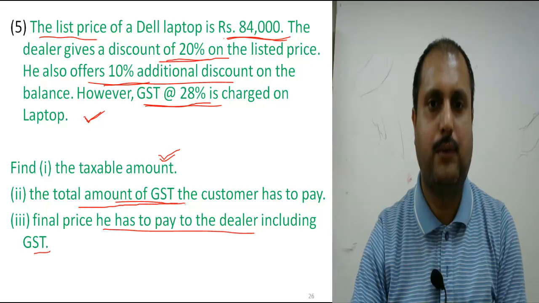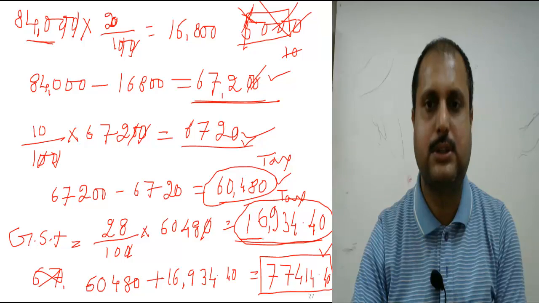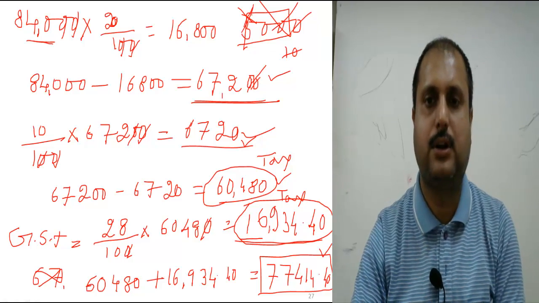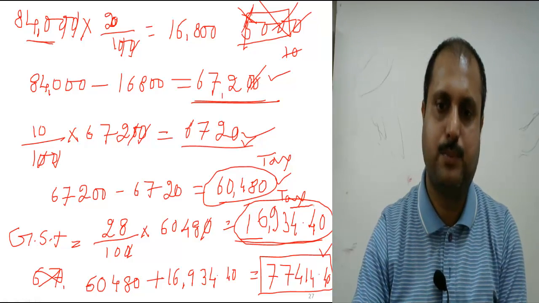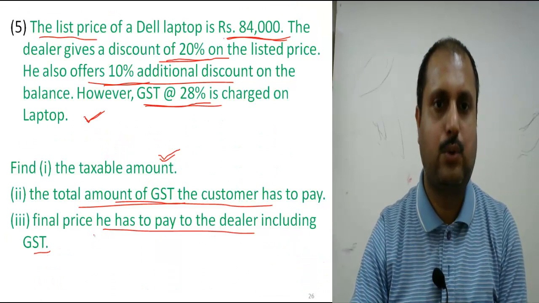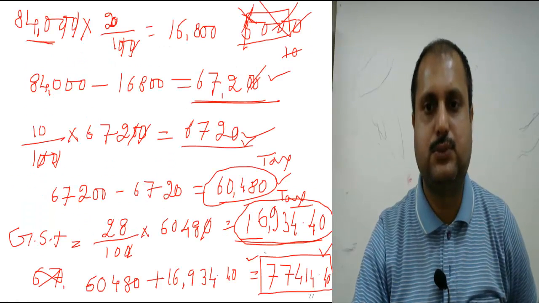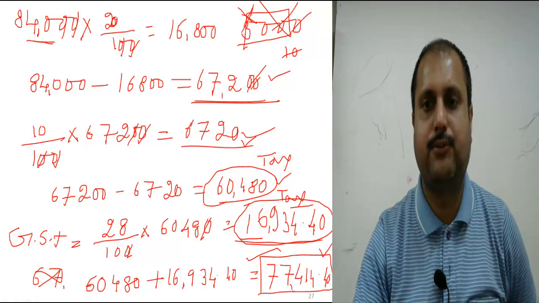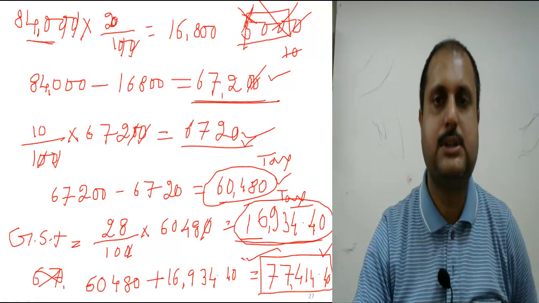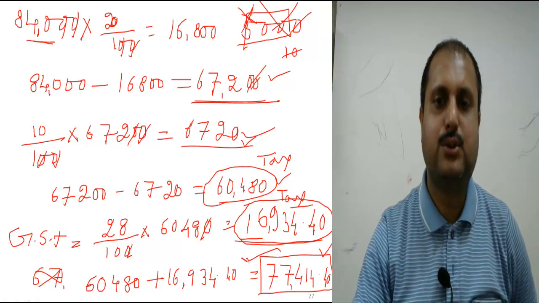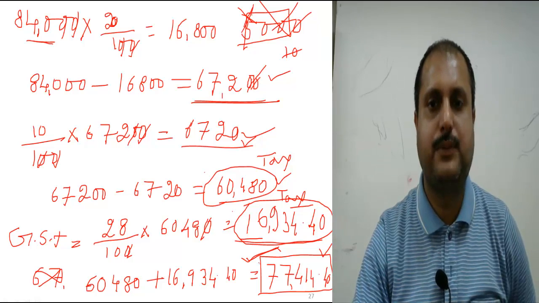The total amount of the GST the consumer has to pay is 16,934. And the total price he has to pay to the dealer including the GST would be 77,414.40. So these are the three parts of this question.